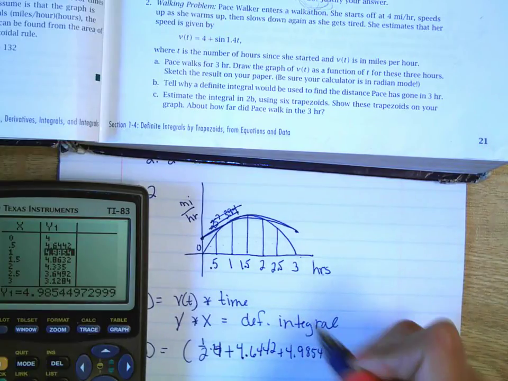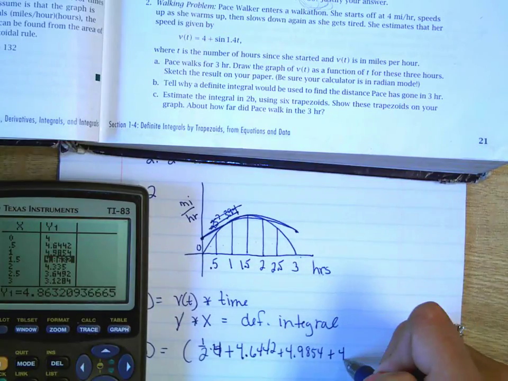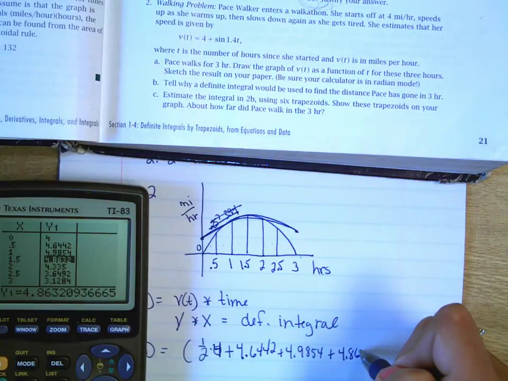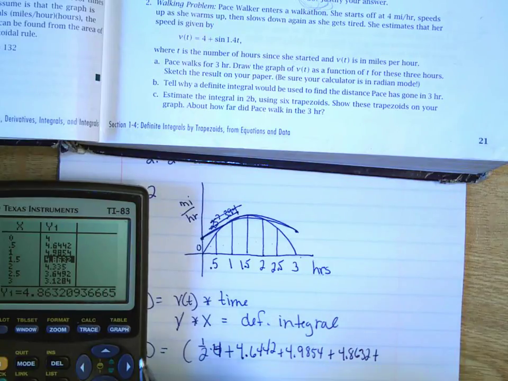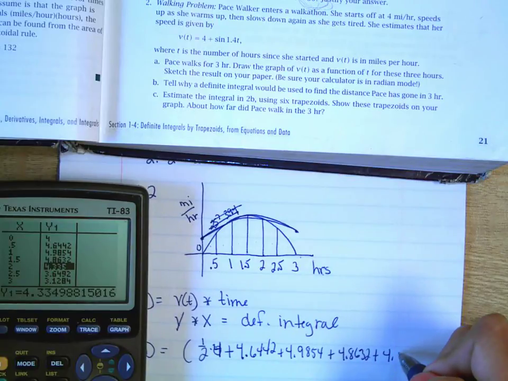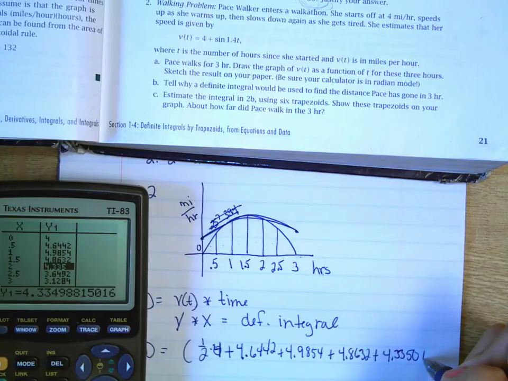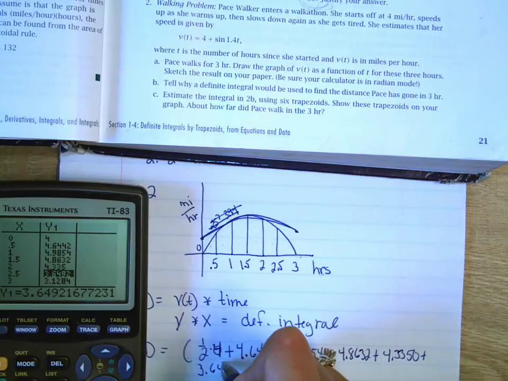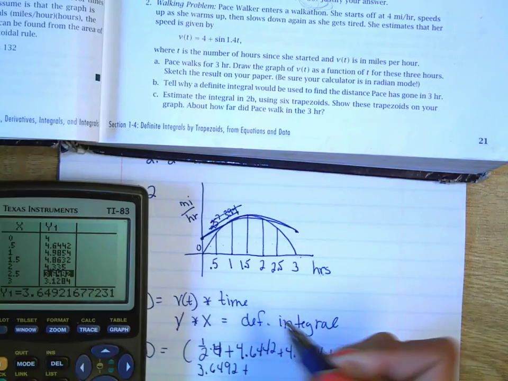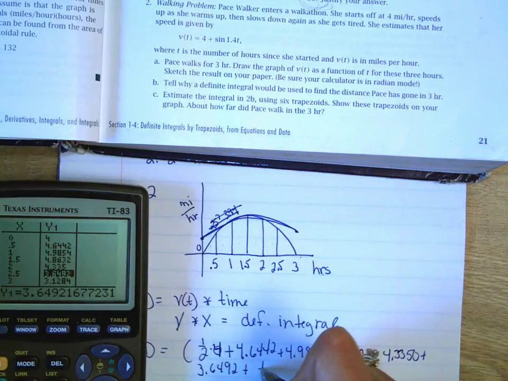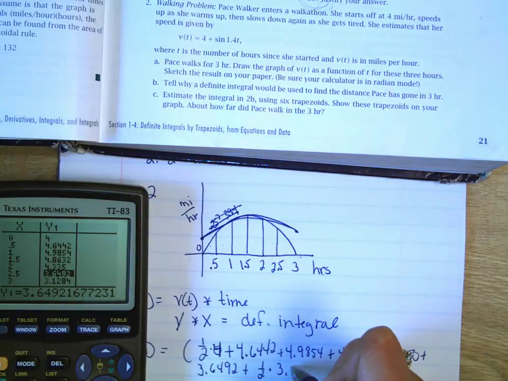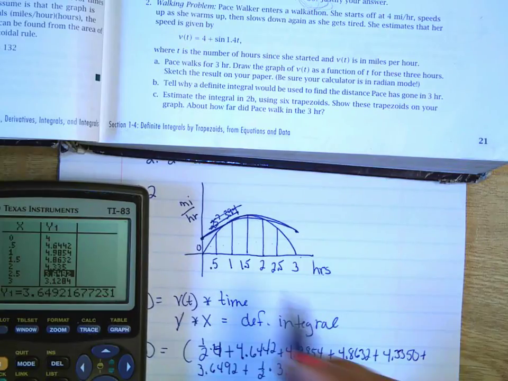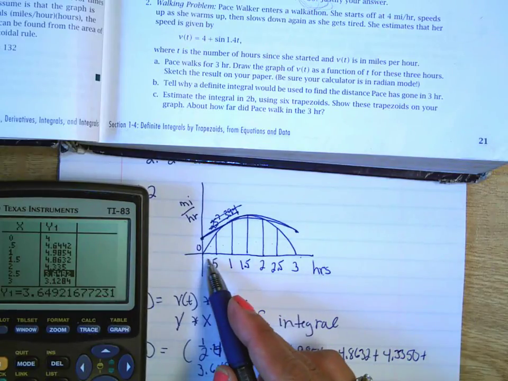Throw a 2 on there. 4.8632. 4.3350. 3.6492, and then half of the last y value, half of 3.1284. All that times the height. The height of my trapezoids is a half.